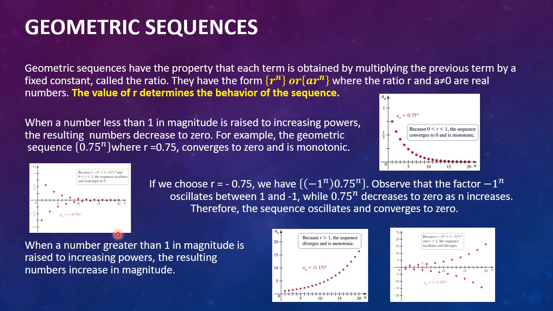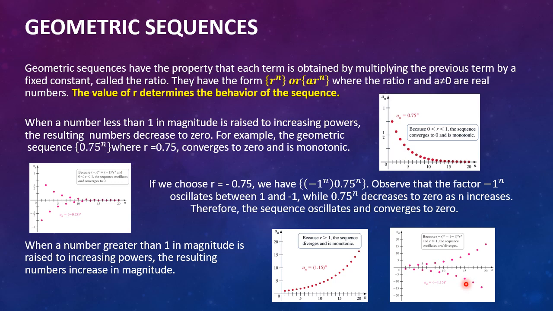And when we have a number greater than 1 in magnitude raised to increasing powers, the resulting numbers increase in magnitude. Here we can see we have similar examples. Here we have 1.15 to the nth power, and you can see it's just increasing. This doesn't flatten out as we get to infinity, so we say this diverges, but it's also monotonic because it's only going in one direction.